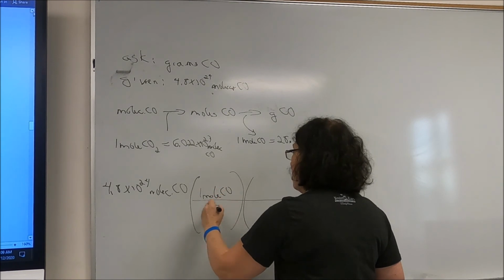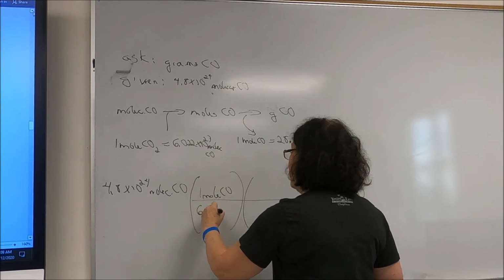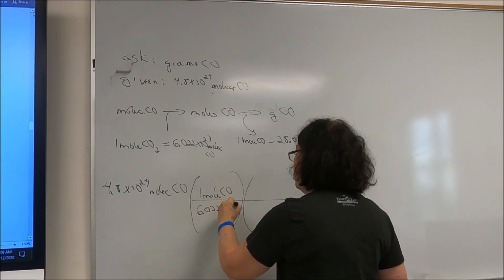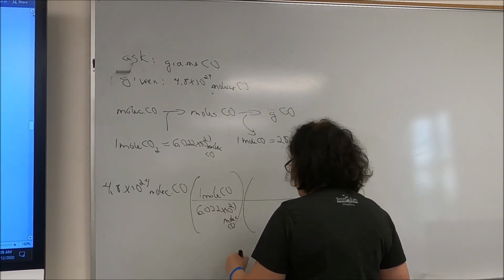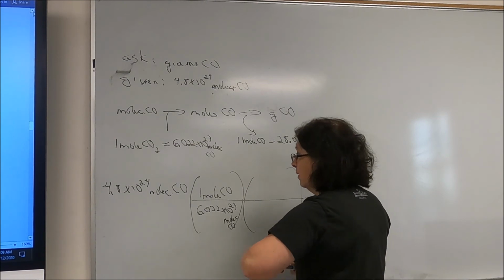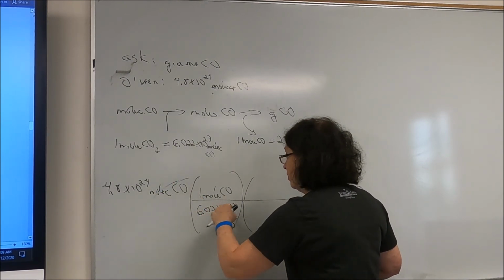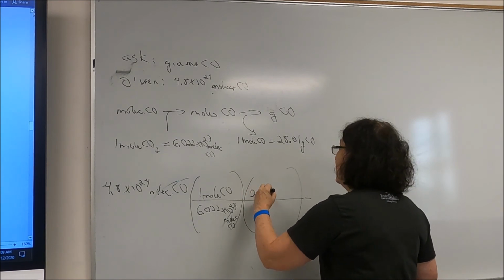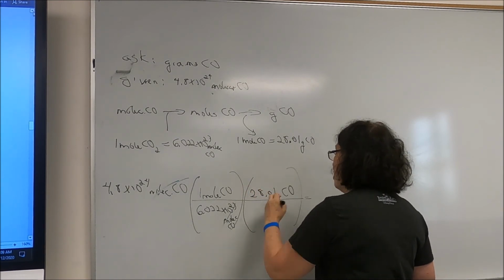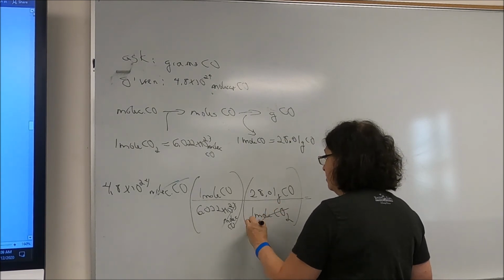So 1 mole of carbon monoxide for every 6.022 times 10 to the 23 molecules of carbon monoxide. Molecules of carbon monoxide divide out, and then 28.01 grams of carbon monoxide for every 1 mole of carbon monoxide.